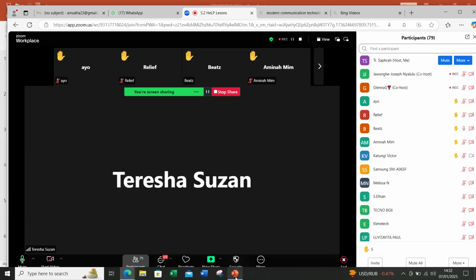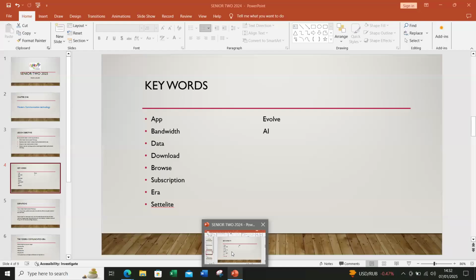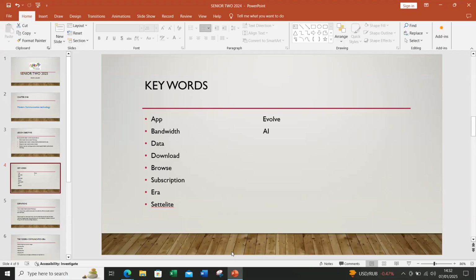All right. Do we have some words we have not explained? Someone was asking about this list. I believe we have talked about all the words apart from subscription, error, evolve, and AI. Yes, and we must find out what they mean before we progress. So, I had someone that wanted to explain the word error.